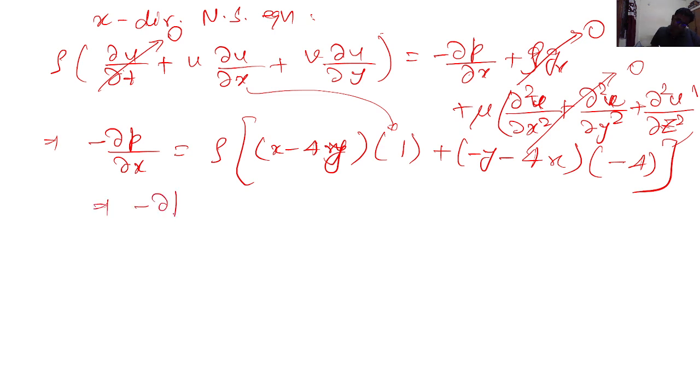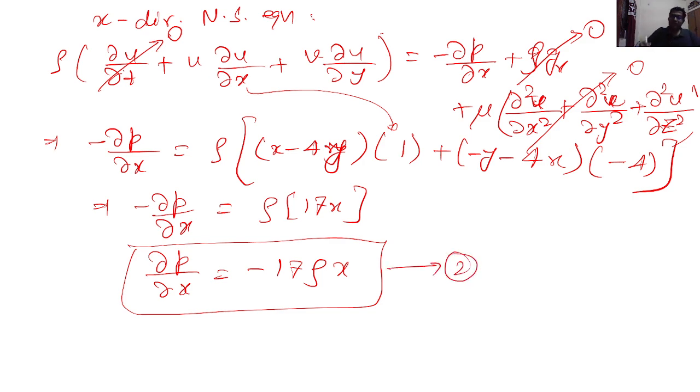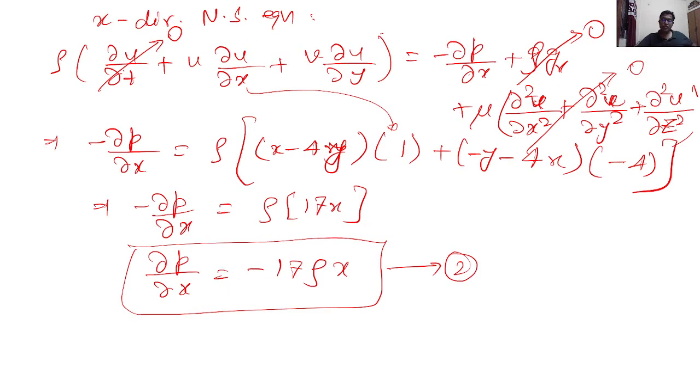This leaves minus del p by del x equal to rho times 17x. So del p by del x is nothing but minus 17 rho x. This is the second expression. So from the first expression we got del p by del y equal to minus 17 rho y, and from the second expression we got del p by del x equal to minus 17 rho x.